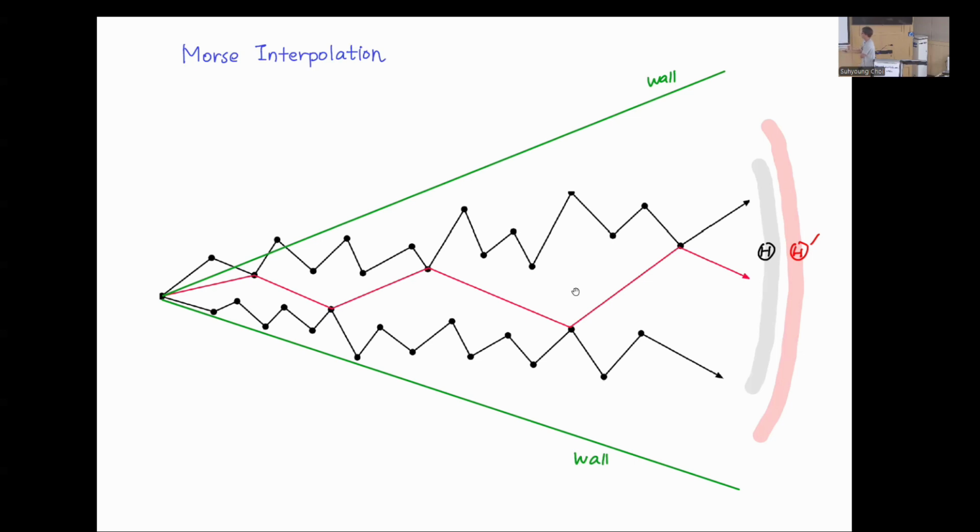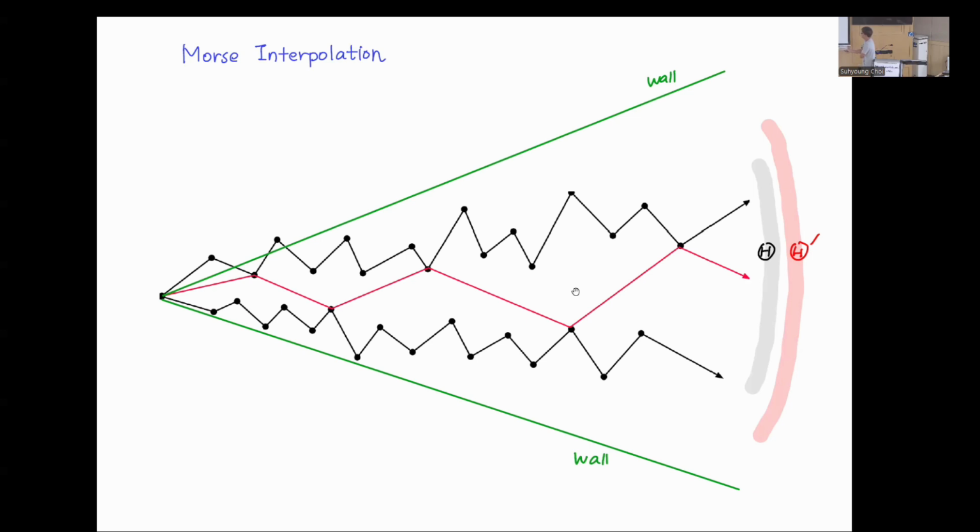But for two such rays, because they are uniformly Morse quasi-geodesics, the Hausdorff distance of the two rays is not bounded away from each other.